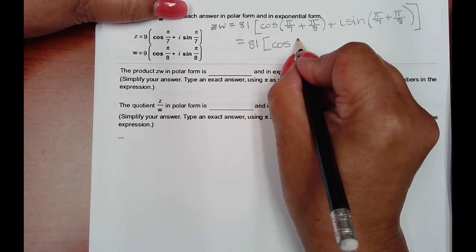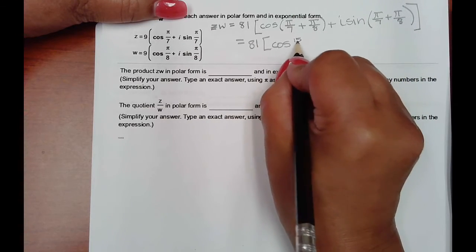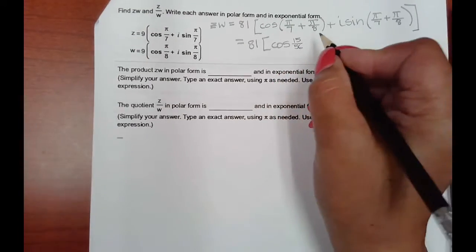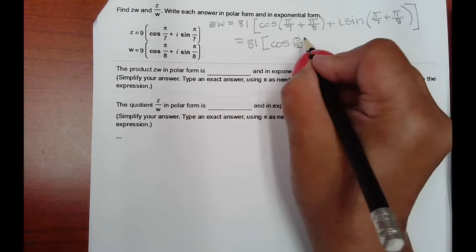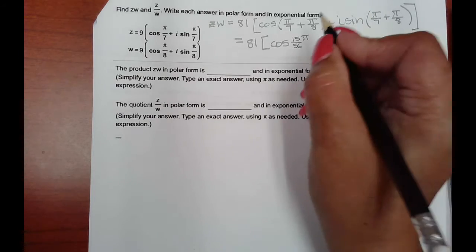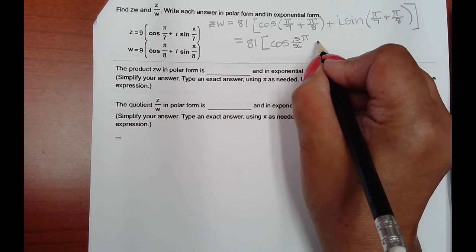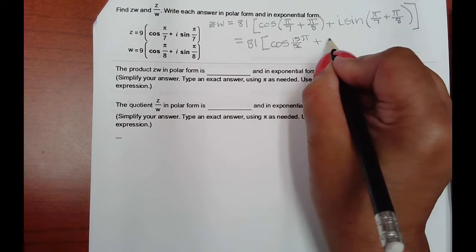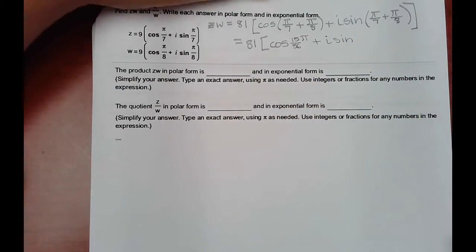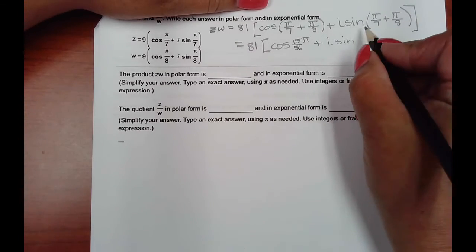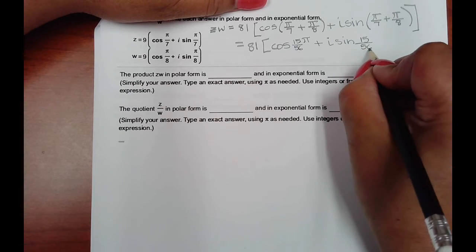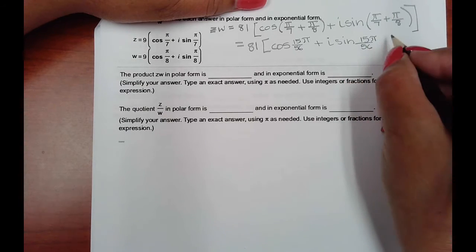So this is 15/56 with a pi on there. And then for your imaginary term, same thing. You've already done the work for adding 1/7 and 1/8 pi, and it came out to be 15 over 56 pi's.